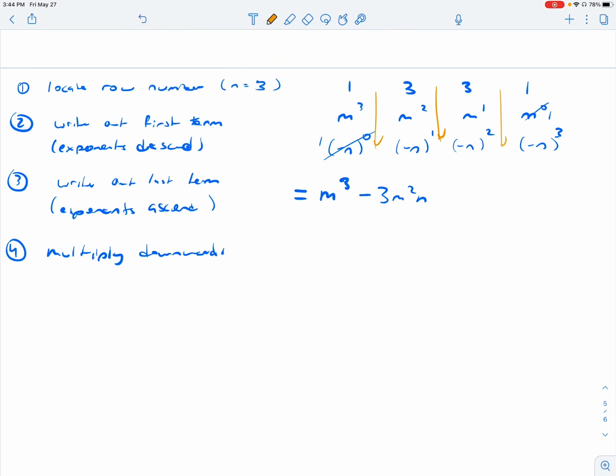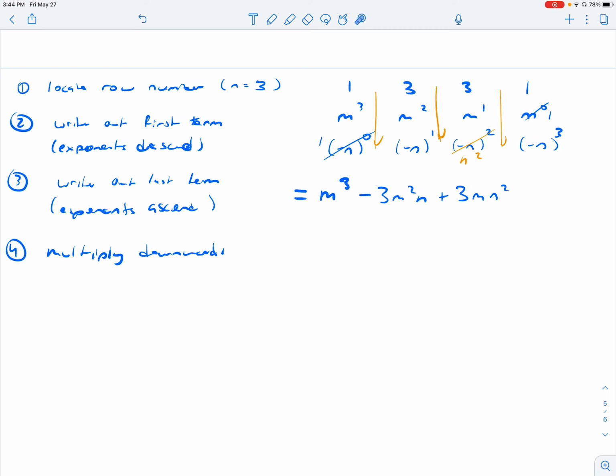Let's do it again for this one. So when we have a negative n squared, that means my coefficient is going to actually become positive, right? This is actually equal to a positive n squared. So I'm going to have 3 times m times n squared. So I'm going to have 3m n squared.